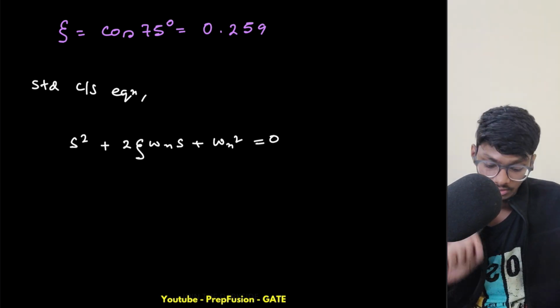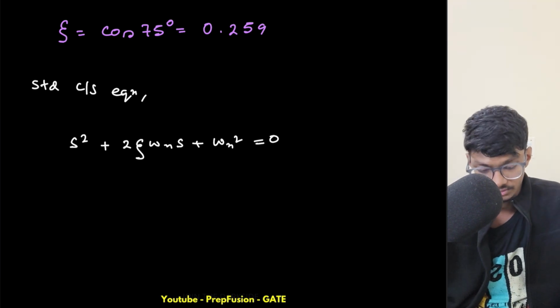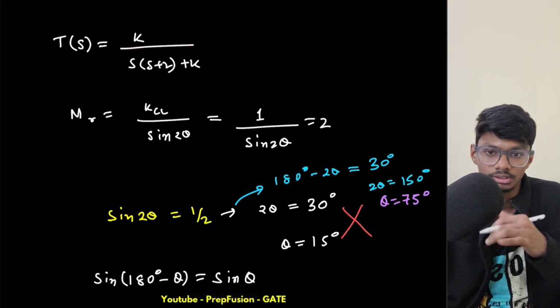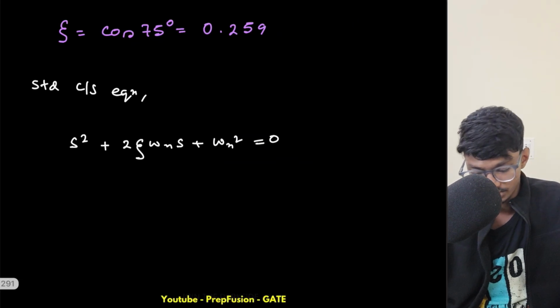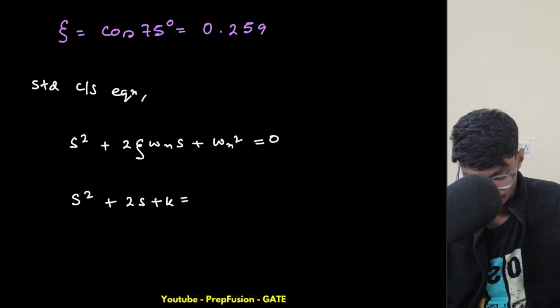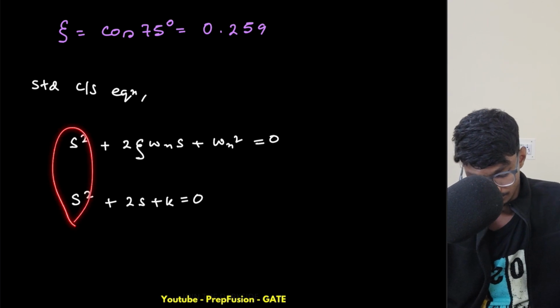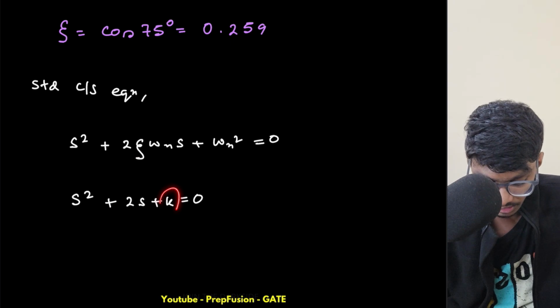Now here I will obviously replace zeta, but let me first write the characteristic equation of whatever transfer function is given to us. Basically the denominator is the characteristic equation of the CLTF, right? So this is s square plus 2s plus k equals 0. Now I'll just compare these. So here 2 equals 2 zeta omega n and k equals omega n square.